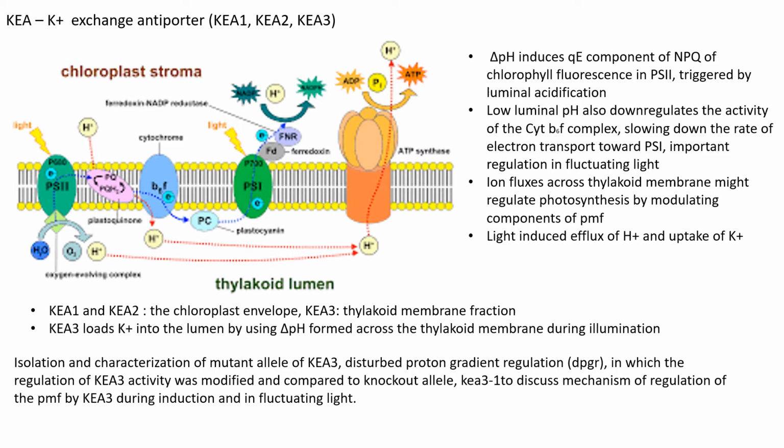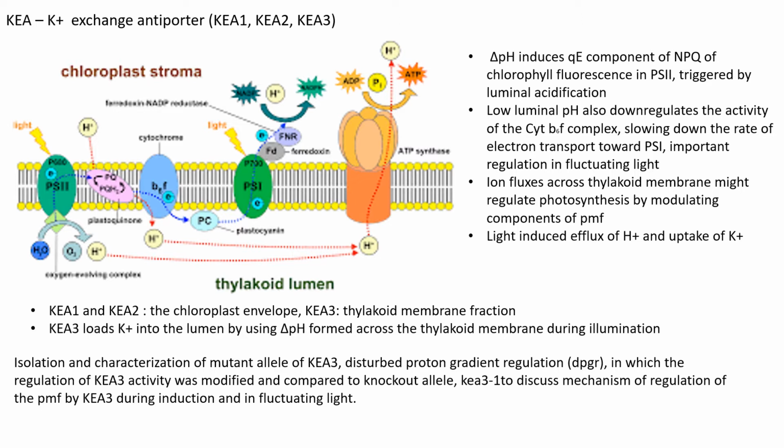Delta pH can induce the qE component of NPQ of chlorophyll fluorescence in the photosystem too, and this is actually triggered by luminal acidification.